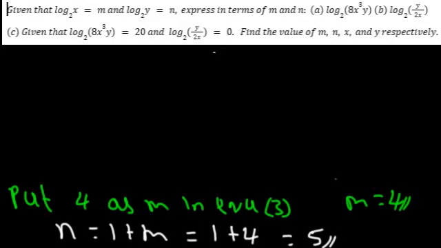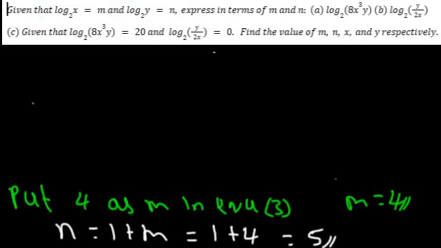Now, to solve for x and y, we will have to use these equations over here. We are told that n equals log of y to the base of 2. Also, m equals log of x to the base of 2.